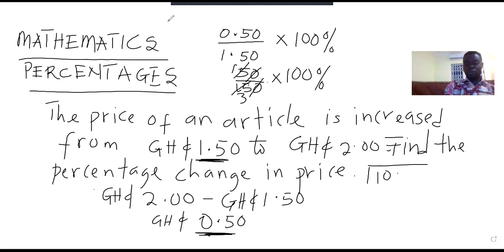So 100 divided by 3. 3 times 3 will give us 9. Then 10 minus 9 is 1, 0. Again, 3 times 3 will give us 9. So 1, bring our point. We add 0, and then 3 times 3 will give us 9.